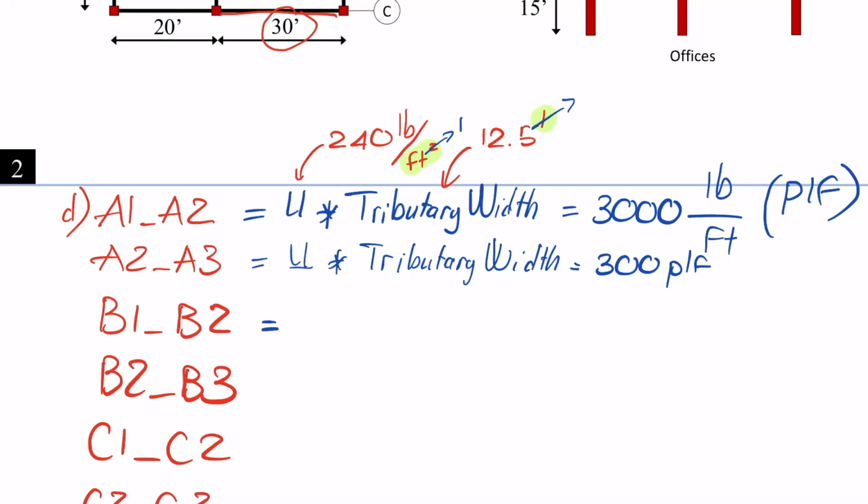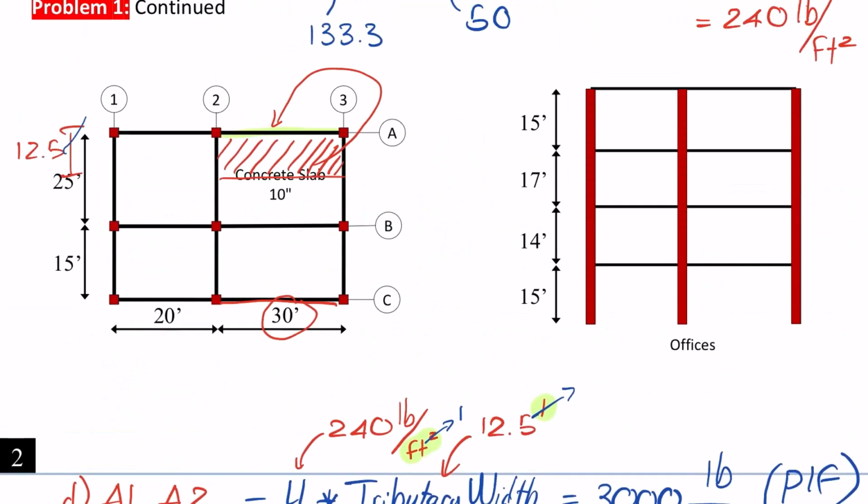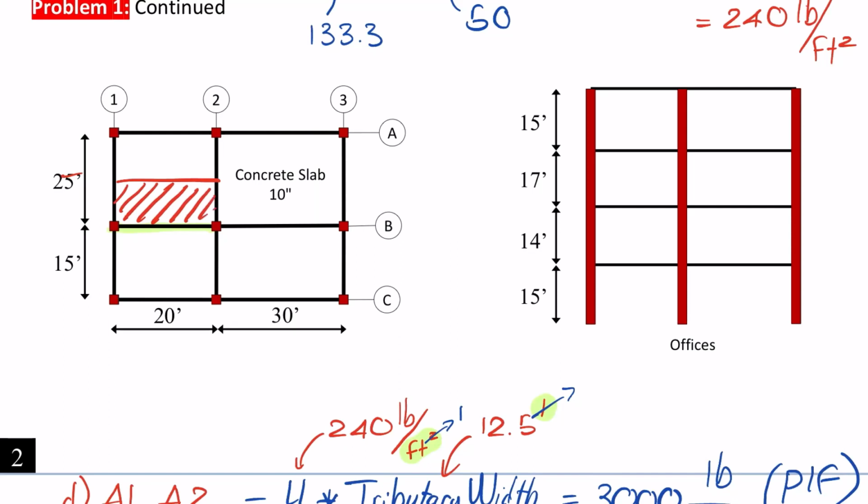Similar like that, you can apply for B2, B1, B2, B1, B2. And because B1, B2 is over here, and the load in this one will be a half of this slab and a half of this slab over here.